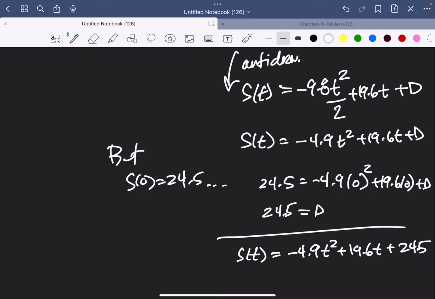Okay, so highest point is at 2. So if the highest point is at 2, how do we know that the highest point is at 2 seconds? So let's see. How long does it take the ball to reach its highest point?